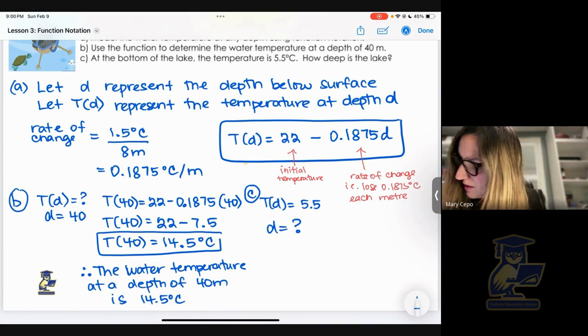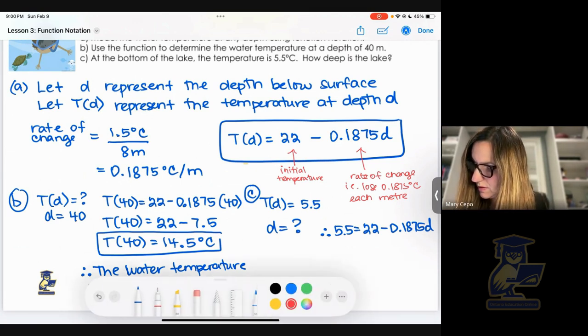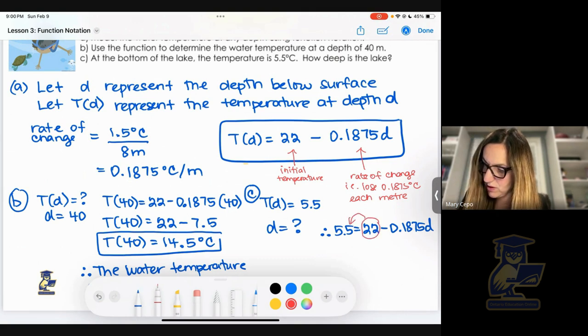So we can say, therefore, 5.5 is equal to 22 minus 0.1875 D. Now we have to solve for D. So we're going to bring over the 22. Keeping in mind, when you bring something from one side of the equation to the other, you want to make sure to change the operation.